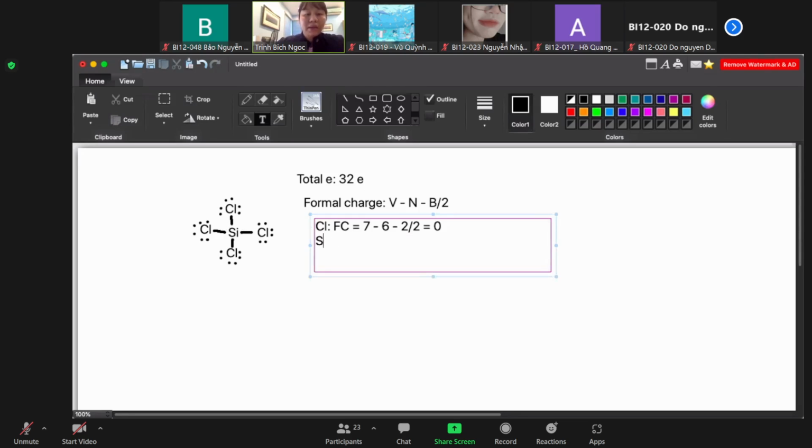And silicon, 4 valence, you have no non-bonding electrons, and you have 8 bonding electrons around silicon, divided by 2, it will be 0. So the octet rule is satisfied, and the formal charge is 0 for every atom. So this is the Lewis structure of silicon chloride.